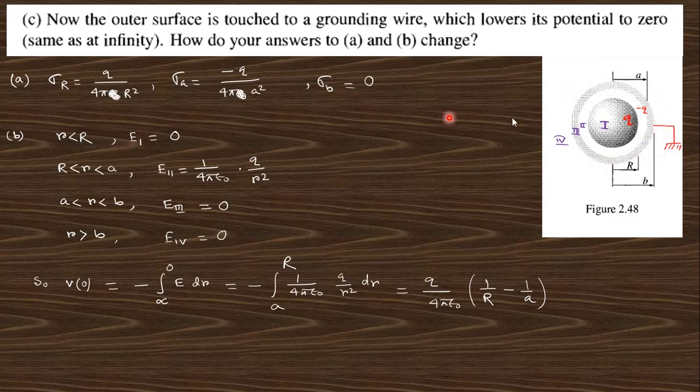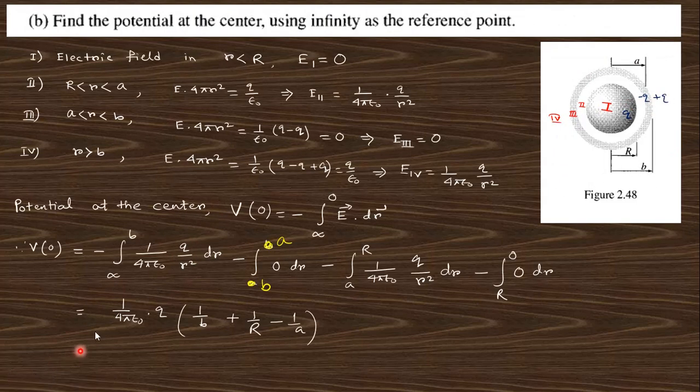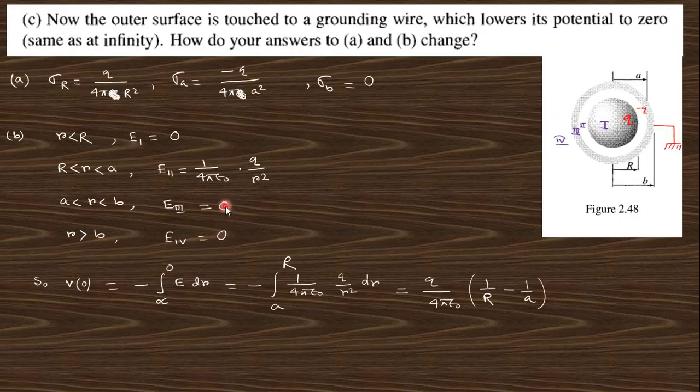And the electric field in the inner region will be 0, and this region will be q by this, and the third region will also be plus q minus q, 0, and in the outer region the electric field will also be 0 because the total charge will be 0, this is plus q and this is minus q. For calculating this integration, the other electric parts will be 0, only this is present where the integration is taken from a to r, E dr, so you will get this answer.